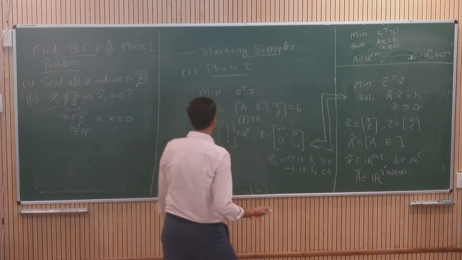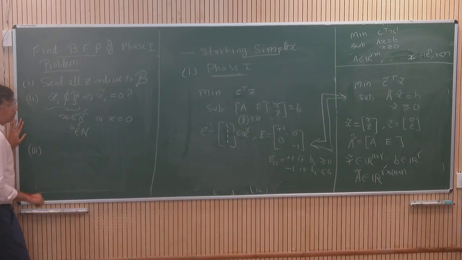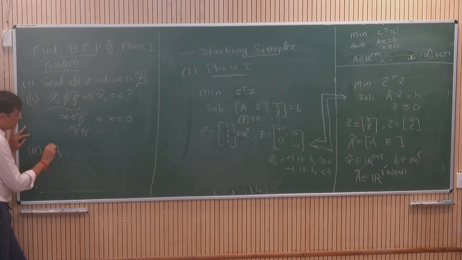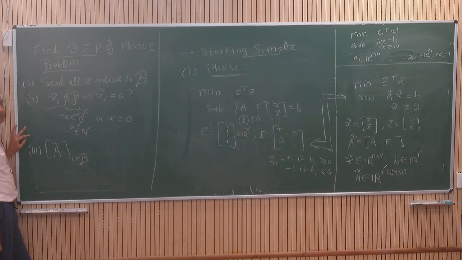Okay, what was the third thing to check? The indices in the B set and pick the columns from the A matrix. They should be non-singular, which means that now my matrix is A or A tilde? A tilde, and the indices belonging to the B set. Correct?